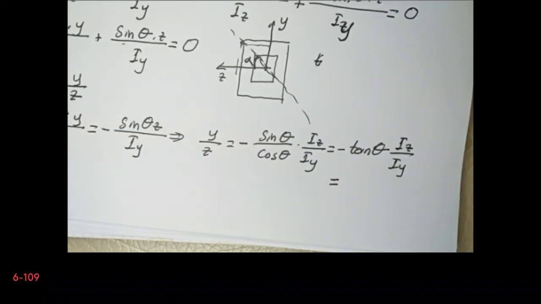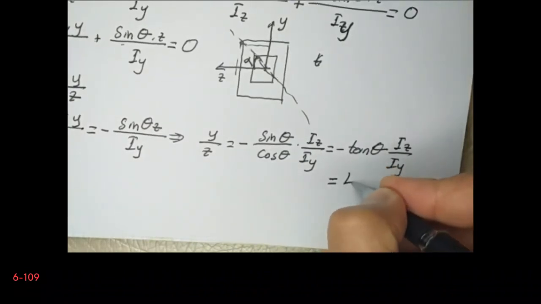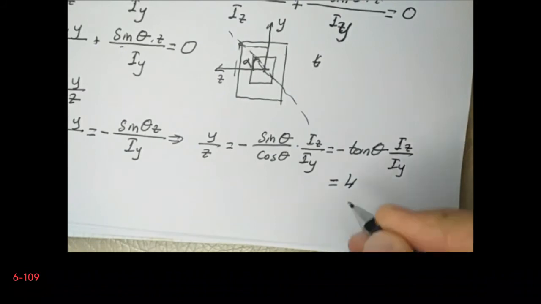Now I can calculate the angle for this. So this is equal to arctangent of minus 4. This is in radians, so I will divide it by pi and multiply it with 180 in order to convert it into degrees. So it is minus 75.96 degrees.